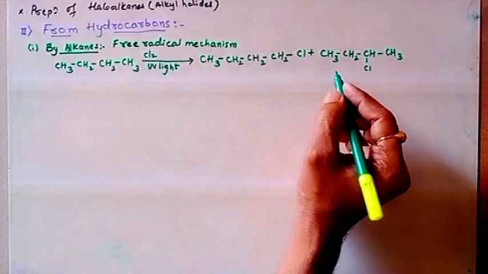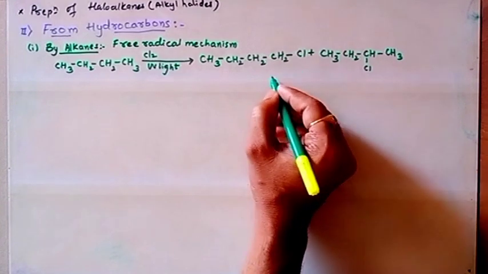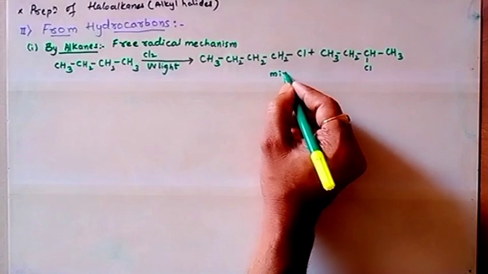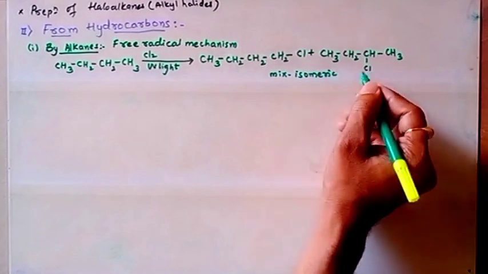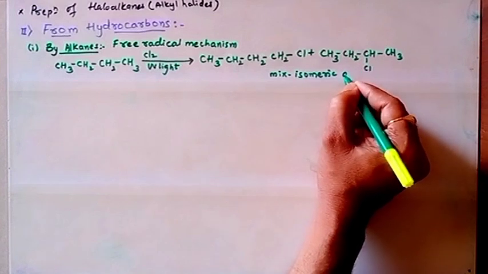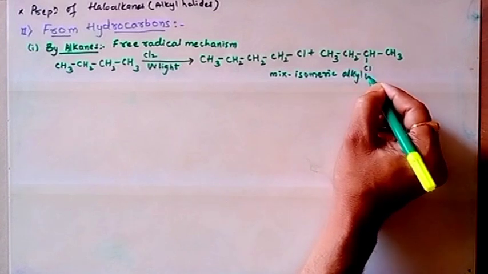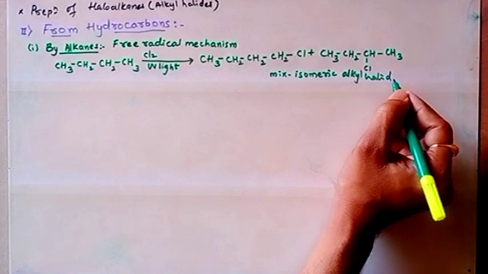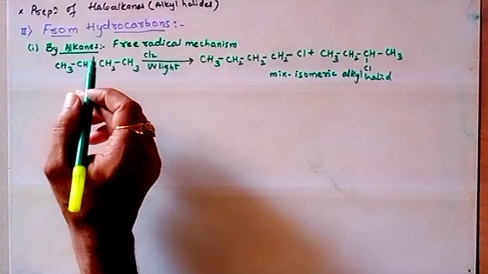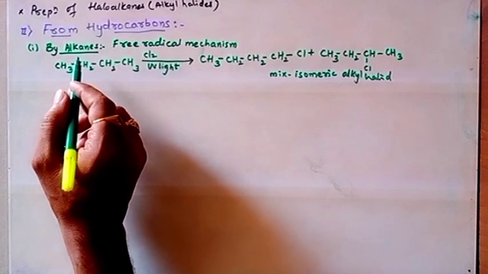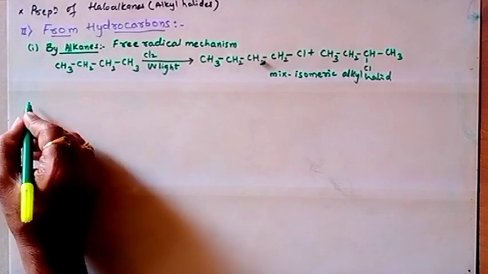So we'll get a mixture of isomeric alkyl halides. So this is the preparation of alkyl halides from hydrocarbons by use of alkanes.